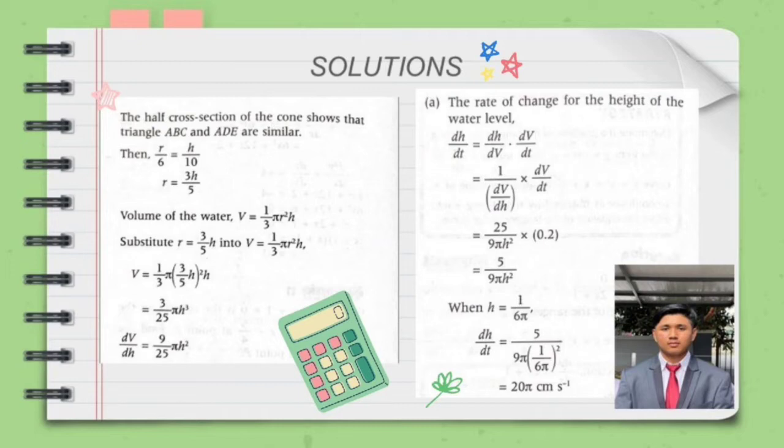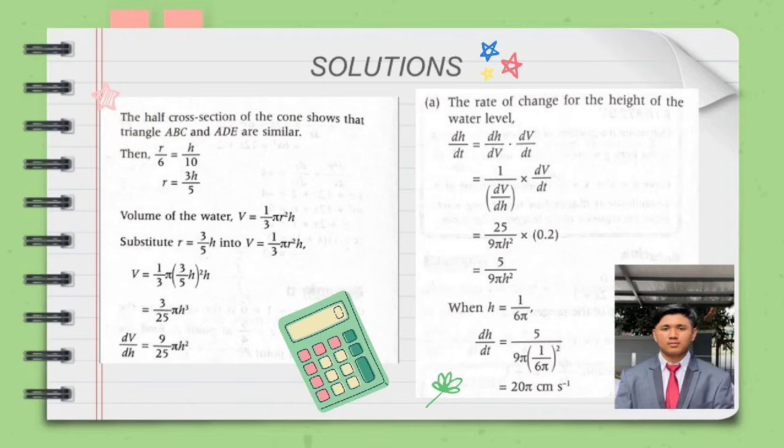We can see that it is a similar triangle because it is an enlargement from the same point, which is point A. From point A, it will go to point D and to point B, and from point A, it will go to point E and to point C. So we just use the enlargement equation, which is r divided by 6 equal to h divided by 10.